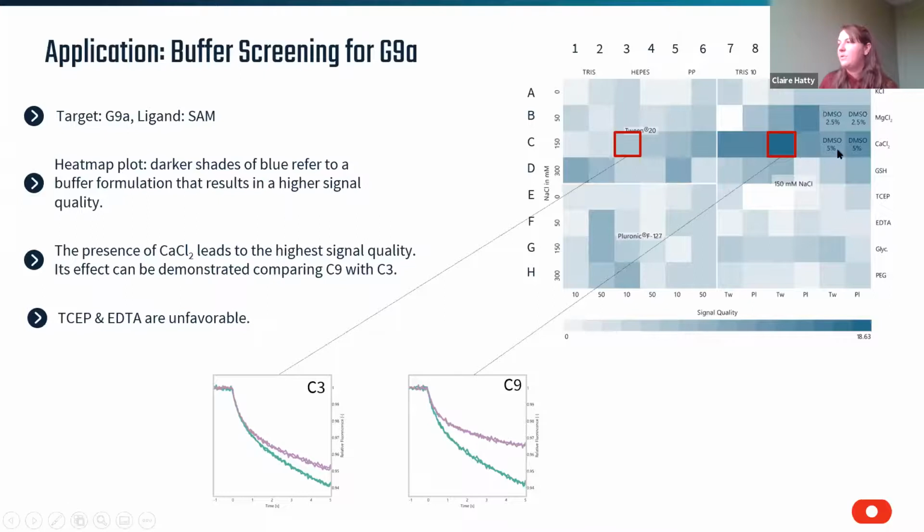On the Dianthus, it will give you this heat map of which are the best conditions for binding, so which conditions give you the best signal quality. By doing this, we identified that there was a slightly better condition than what they had been using. The buffer that they already had was very good, but we did find one condition that actually improved the signal quality. So we then moved forward with that buffer for the full screen.